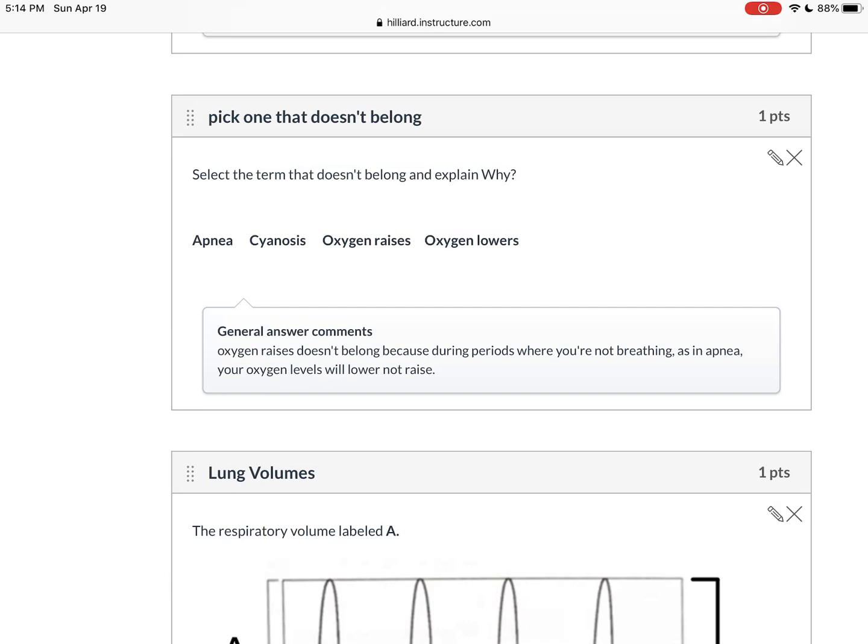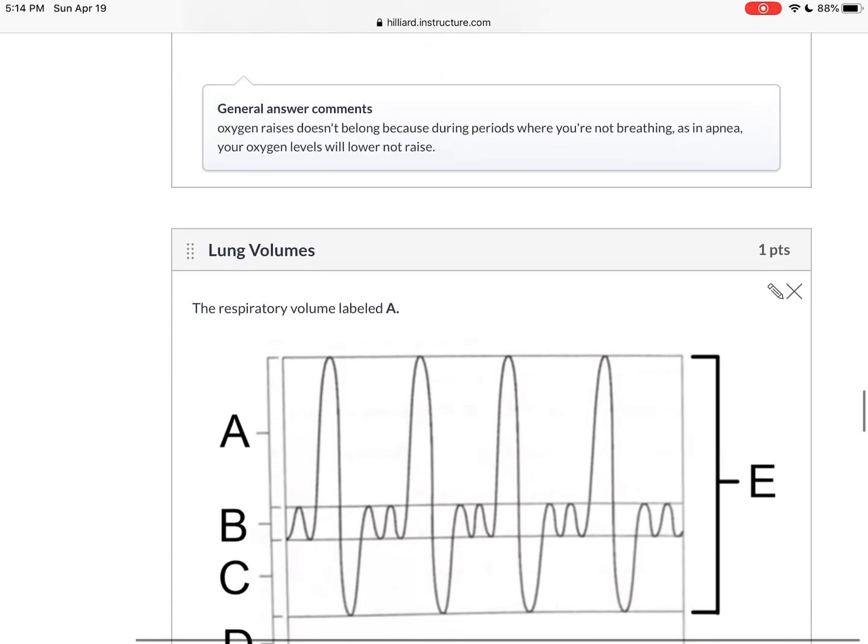As the oxygen lowers, you become more blue. Your skin's going to turn more blue, your nail beds, your lips. And that will definitely be caused by apnea, not breathing. So the most famous of the apneas, sleep apnea, is the one that you hear most about, and that can be really dangerous if you're not breathing in your sleep.